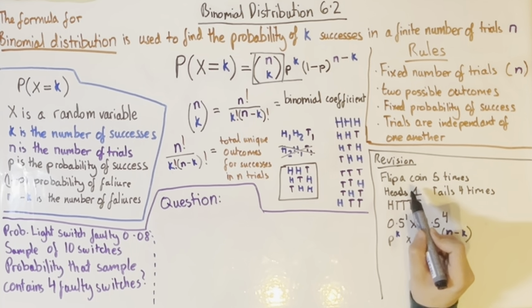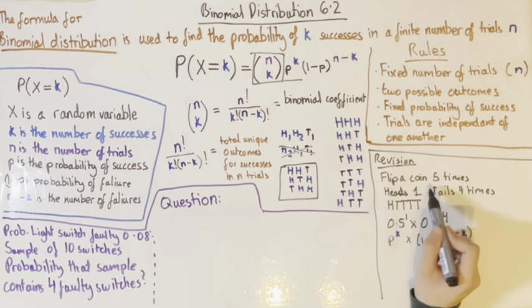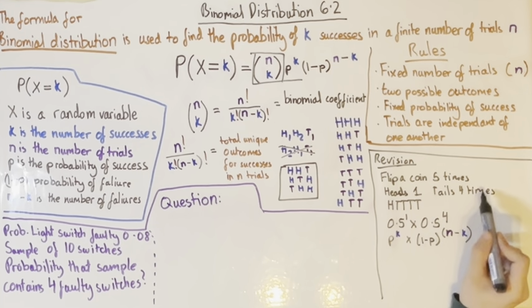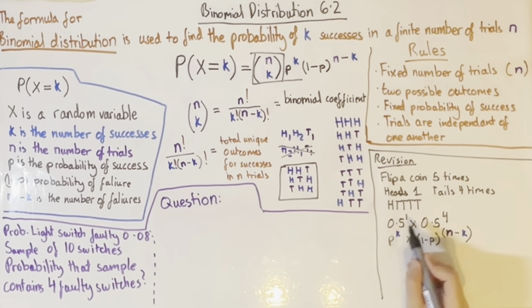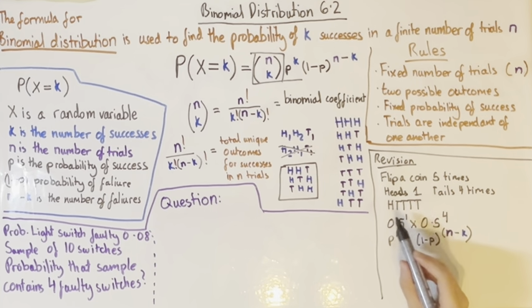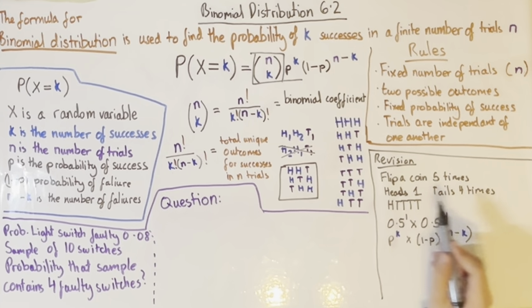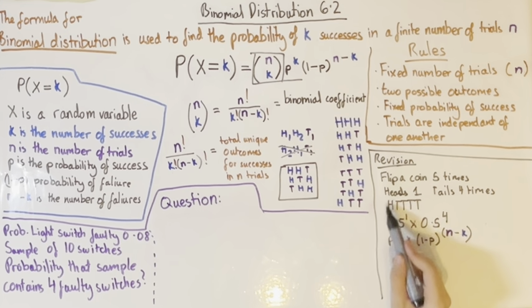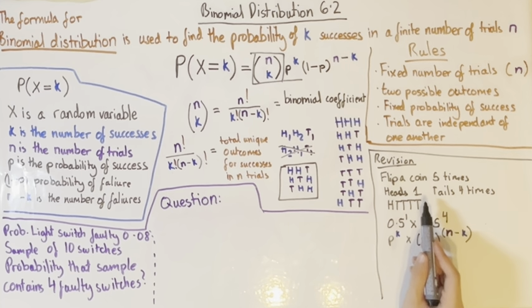So heads, that's our success, 1 heads; 4 tails, that's our failure. So we do 0.5 to the power of 1 times 0.5 to the power of 4 to get the probability of 1 heads and 4 tails in this arrangement.